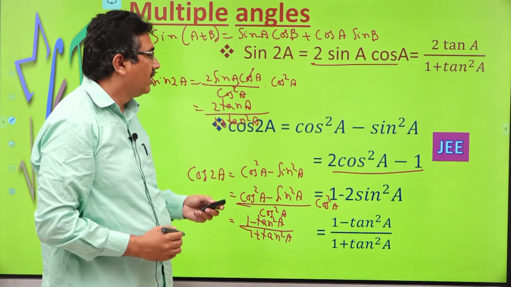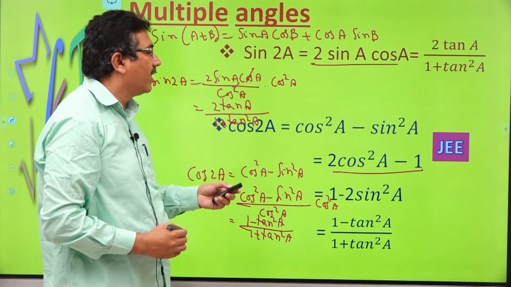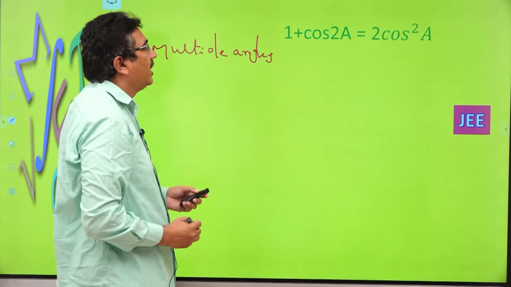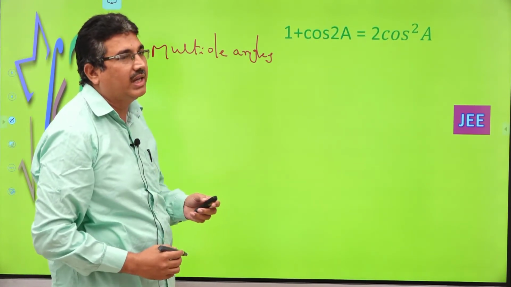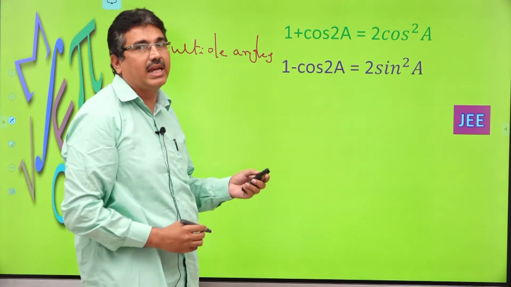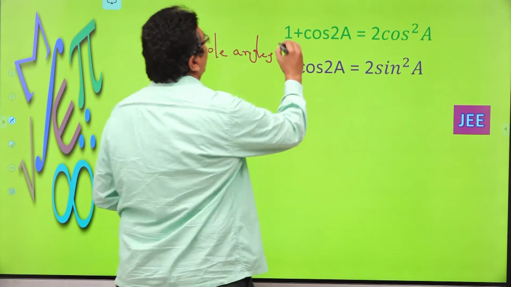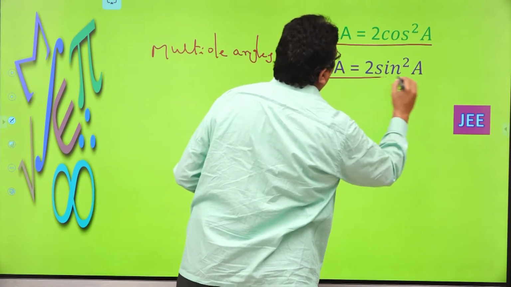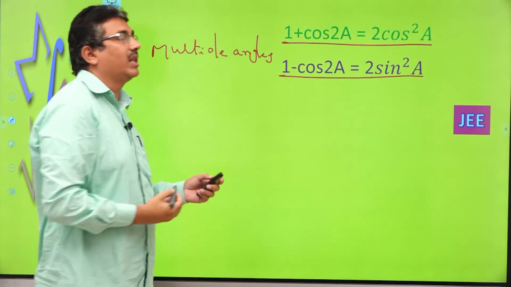Now, from the cos 2A formula, 1 plus cos 2A is equal to 2 cos square A, and 1 minus cos 2A is equal to 2 sin square A. These two are very important formulas throughout trigonometry.